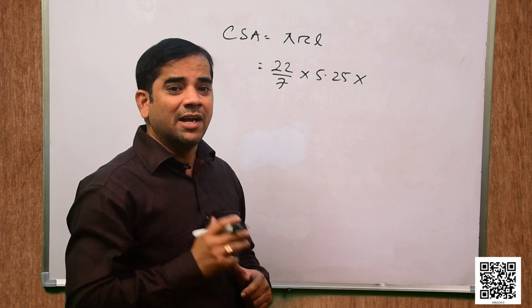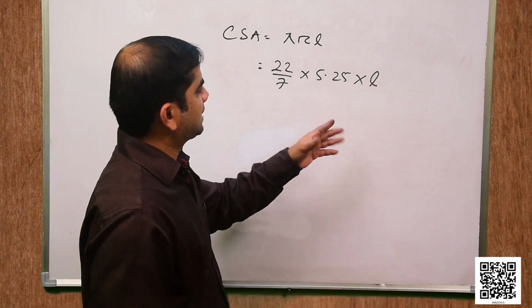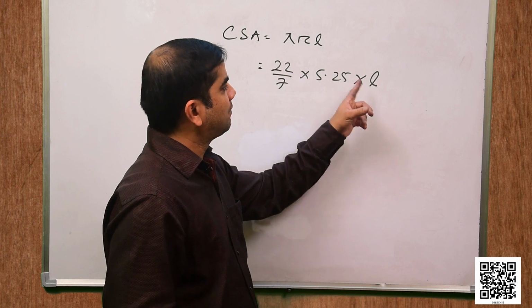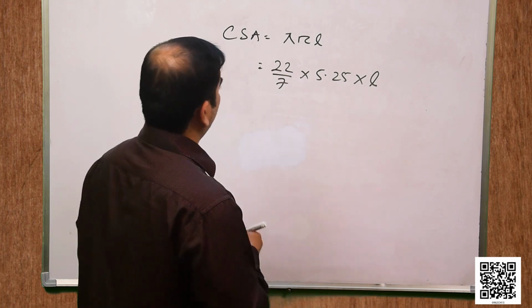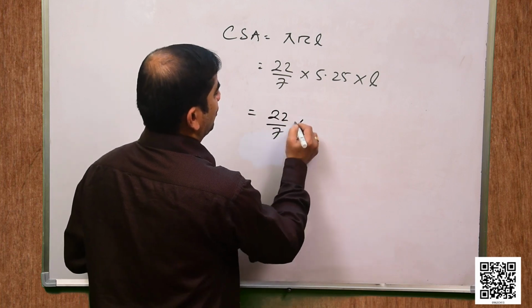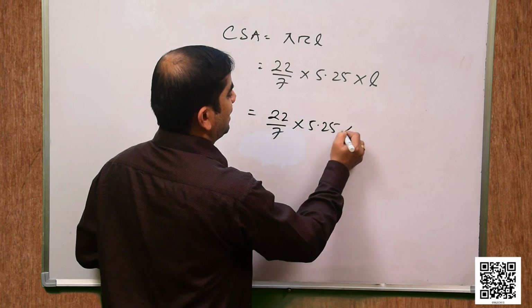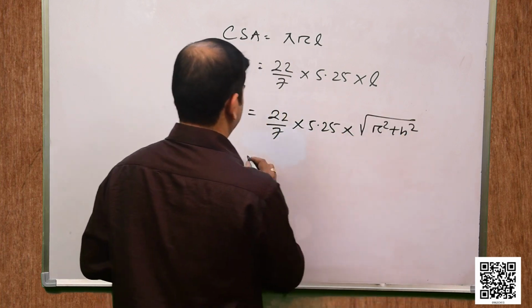L is nothing but the slant height. So, in this case, we can have the value of L as square root of r square plus h square. So, we can write it like that. 22 by 7 into 5.25 into square root of r square plus h square.